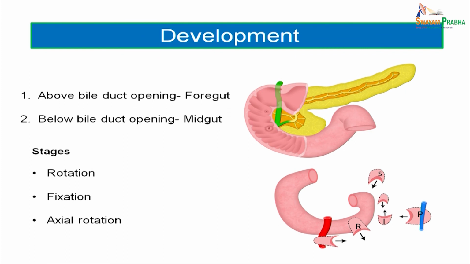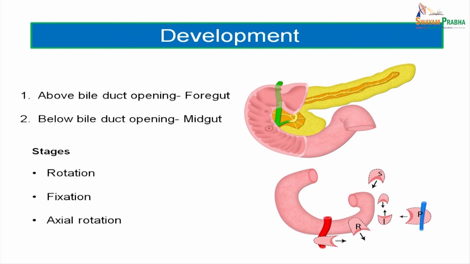This rotation is associated with the rotation of the stomach, and once it gets rotated, it gets fixed. That is, the posterior aspect of the peritoneal lining undergoes zygosis and degenerates, and the posterior aspect becomes fixed to the posterior underlying structure. So, it becomes a retroperitoneal organ, and in the third stage there is axial rotation.